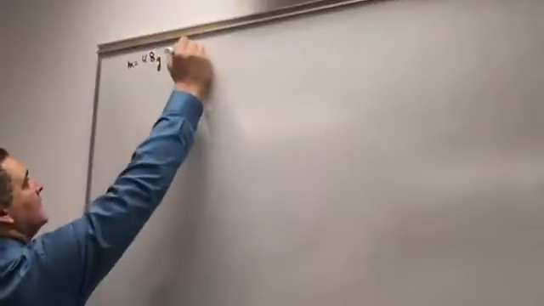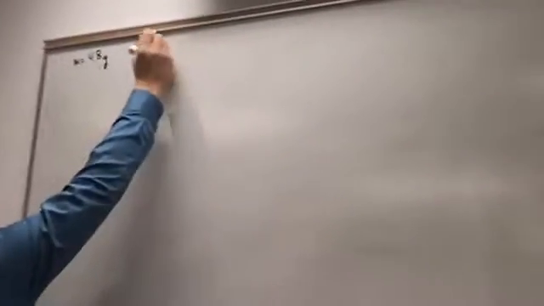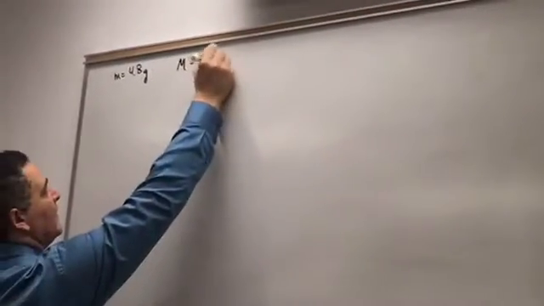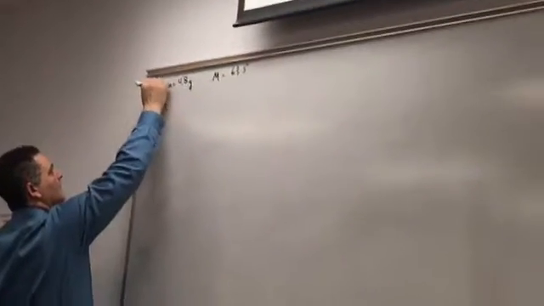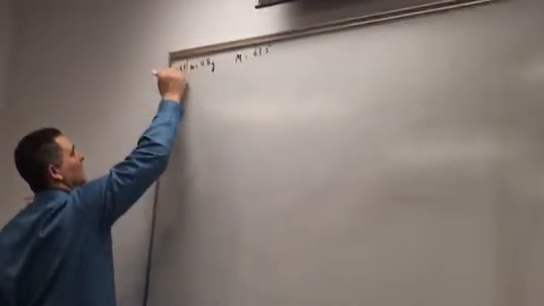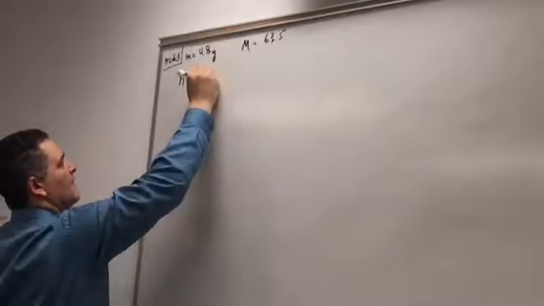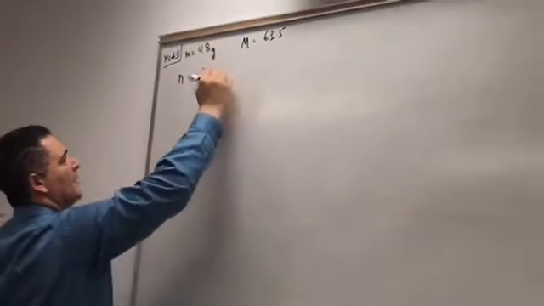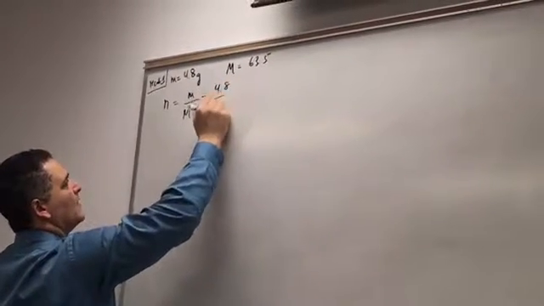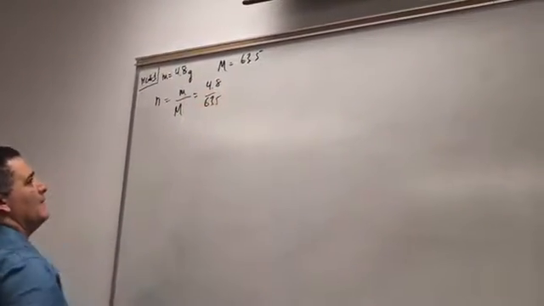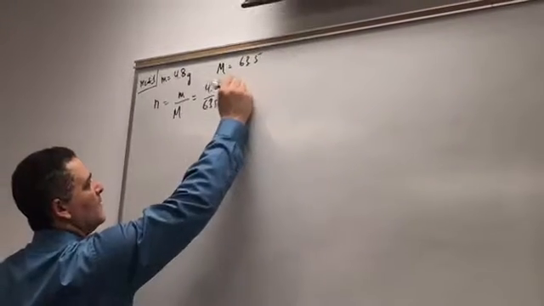4.8 grams of copper, right? And what is the atomic mass, 63.5? Yep. Okay, so first thing we want to do is find the number of moles. The number of moles is the mass divided by the molar mass, or atomic mass, which is 4.8 over 63.5. And then from there, we can find the total number of atoms.